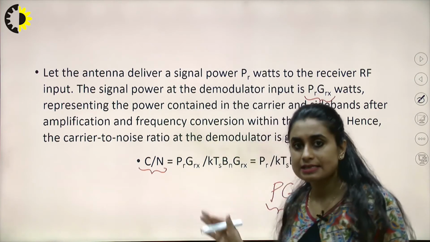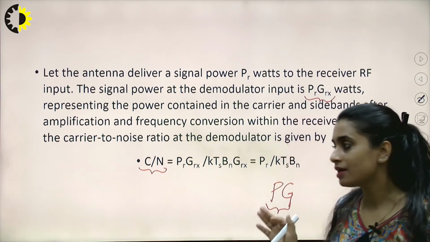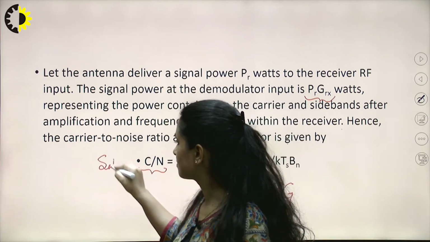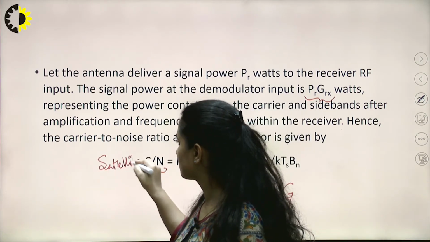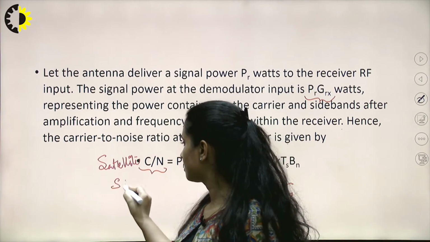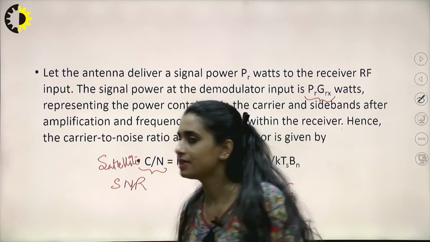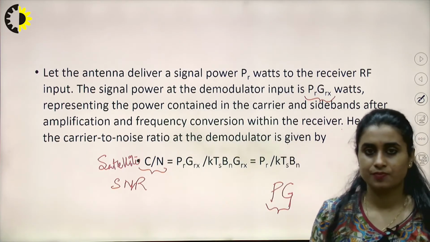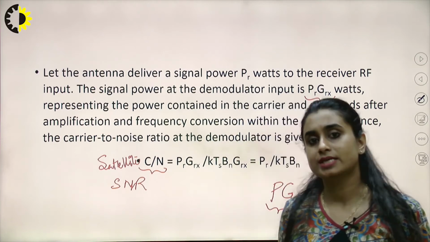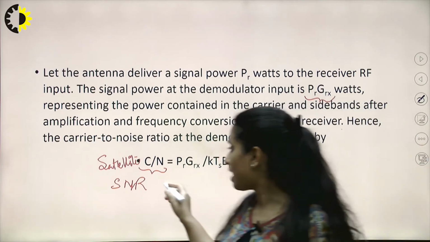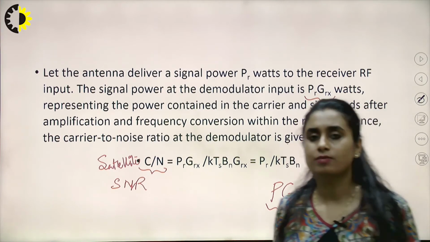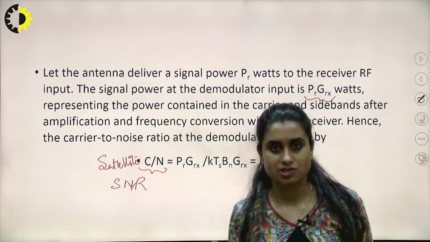This is a term which we frequently use in satellite communication, and this is equivalent to the term SNR, which we study in any kind of communication system. We know that SNR, or signal to noise ratio, is the average power of signal to the average power of noise. This is a common term which we use everywhere in communication systems.